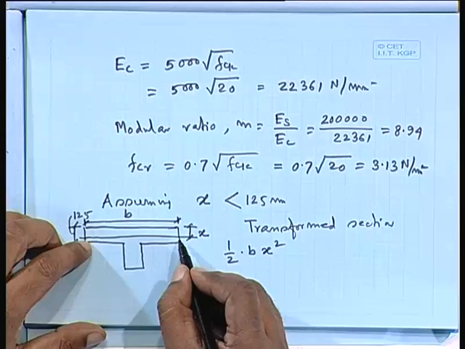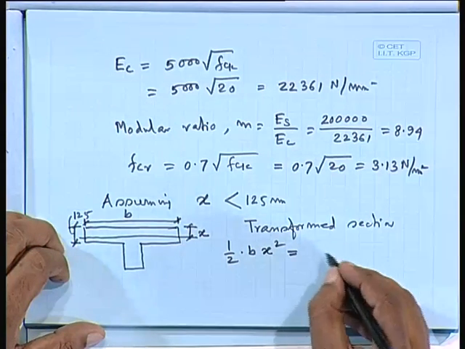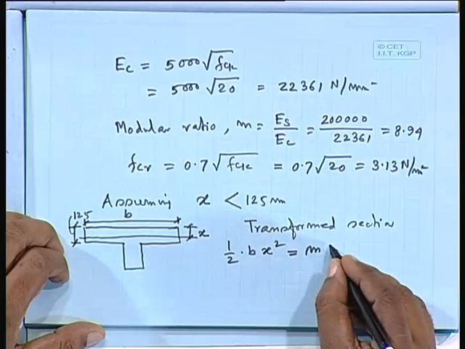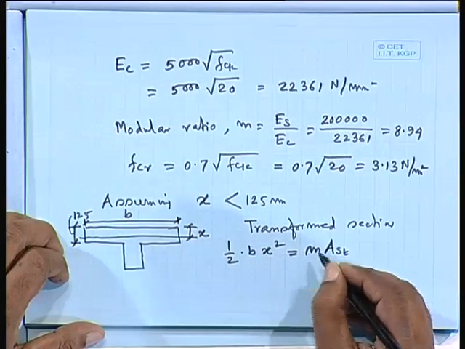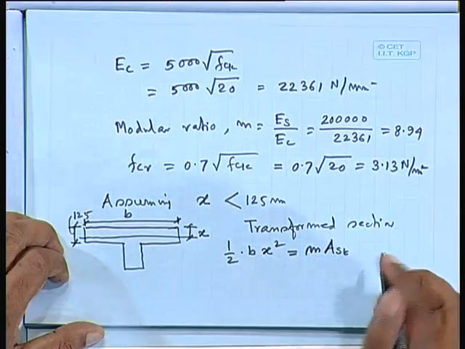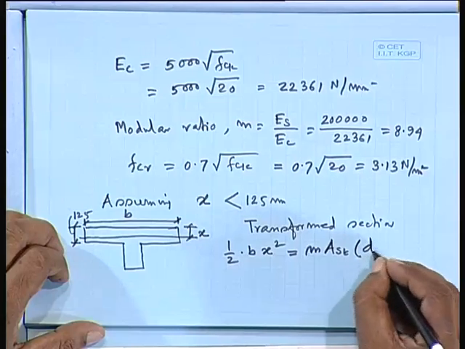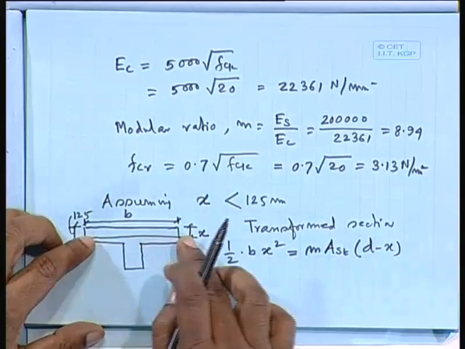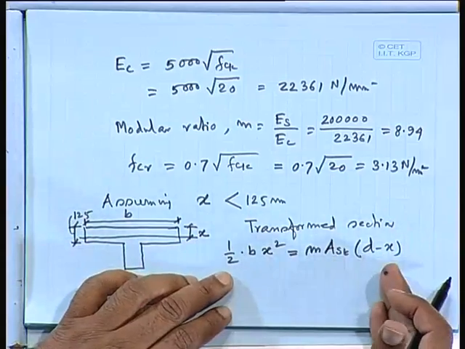B times x is the area times x by 2, that is the one we are taking with respect to neutral axis. That should be equal to modular ratio times Ast. This will change the steel to the equivalent concrete section, times d minus x. So with respect to this neutral axis I am taking the moment, and from there we can get these values.